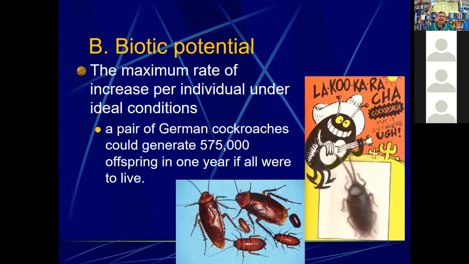They say that if the cockroach was left to its biotic potential, all of the land surfaces on the earth would be covered with cockroaches up to knee high in only 7 generations. Isn't that crazy? I think that's crazy.